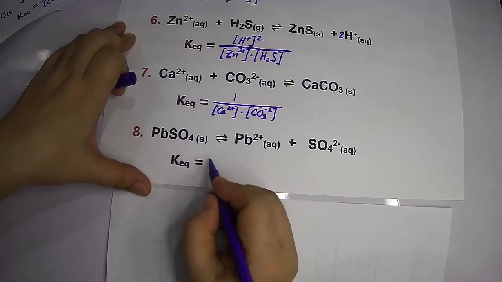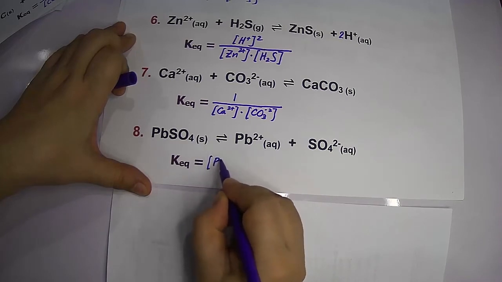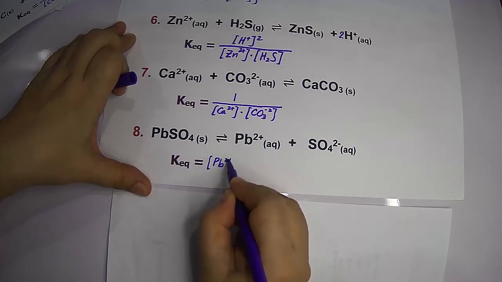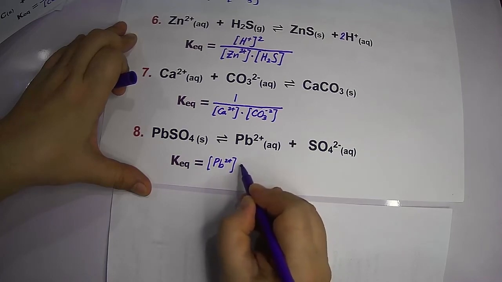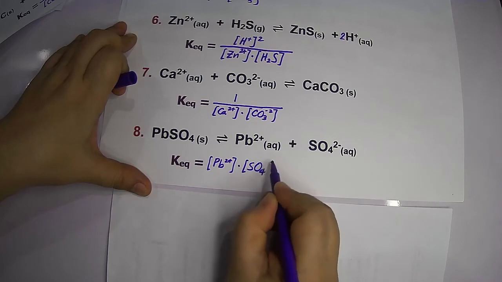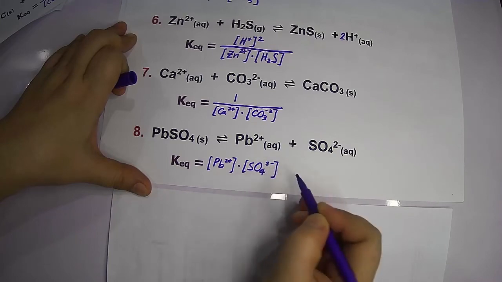So we don't need to write a bar here, but the expression would be the concentration of the plumbous ion multiplied by the concentration of the sulfate ion in the aqueous solution.